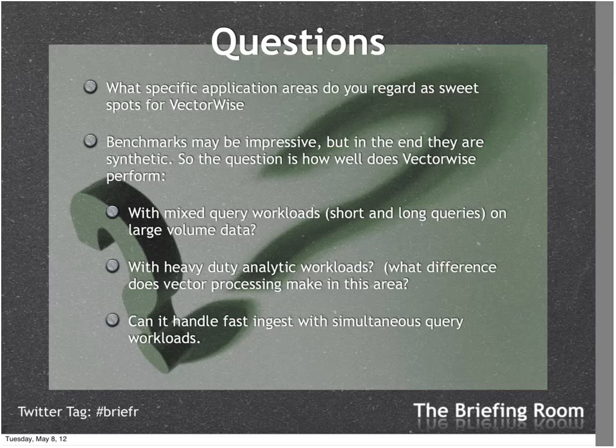However, if I were looking at this product, these would be my first initial questions. The first is mixed query workloads, when you've got short and long queries, and a great deal of concurrency on large volumes of data. How does it perform in that? Your edge is the vector processing. Does the vector processing advantage diminish when you've got a high level of concurrency?